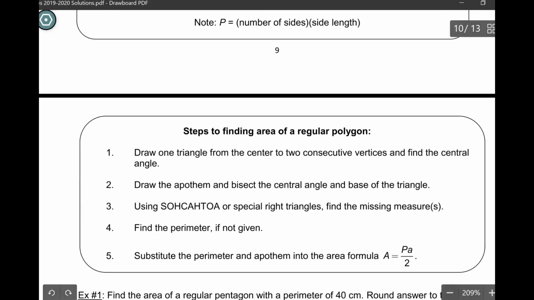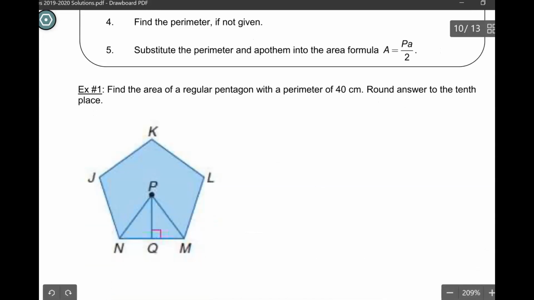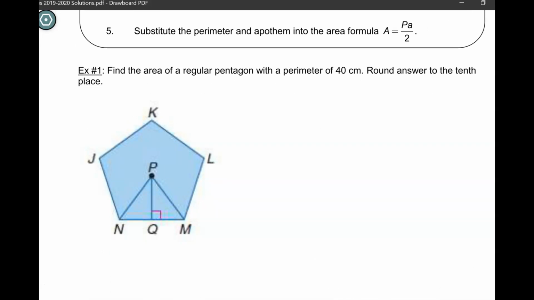Okay, so here are some steps to finding the area of a regular polygon. I'll walk you through the steps as we do the example. Number 1 says draw one triangle from the center to 2 consecutive vertices and find the central angle. That first step of drawing a triangle is done for us, so I'll just trace over it. Here we highlight that one triangle.